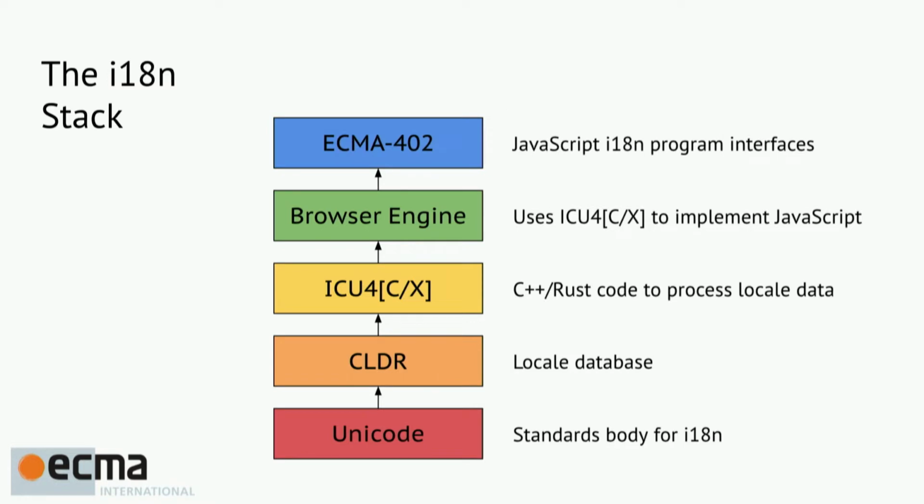On top of the browser engine, you have the ECMA-402 interface. If you attended the ICU4X talk, you heard me talking about ECMA-402 a lot, and that's because ECMA-402 is an interface for how programs should interact with internationalization libraries, and ECMAScript is a big client for that, and our goal is for ICU4X to be able to implement that.